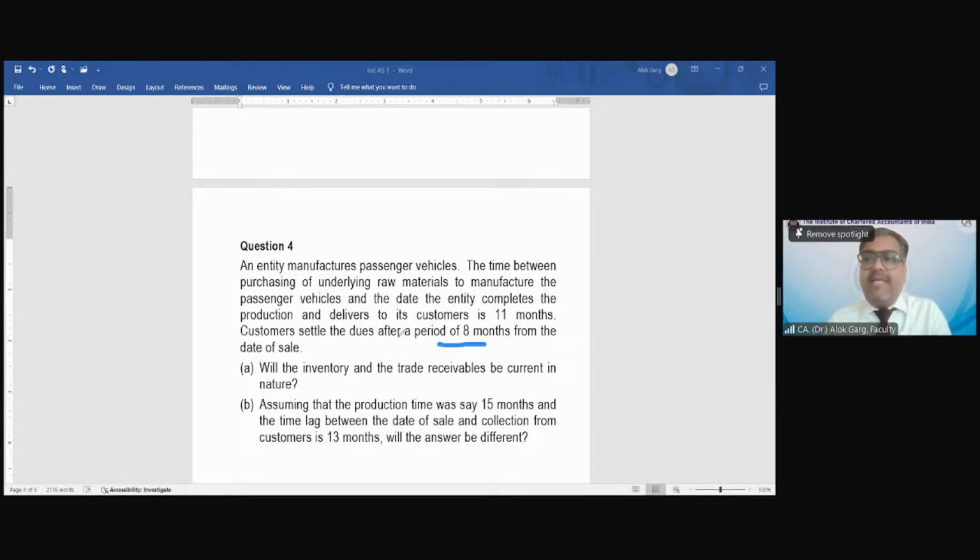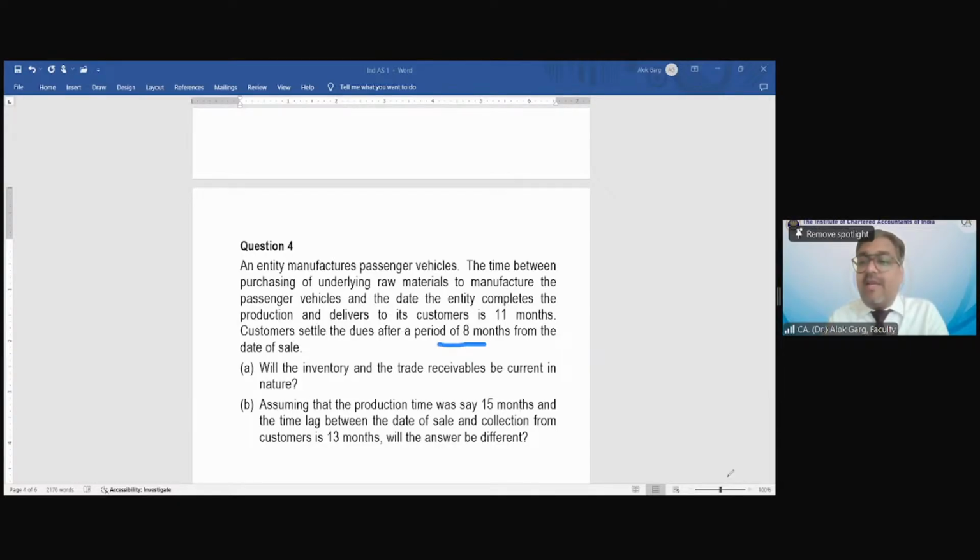So the company has spent money to procure the raw material, and then the company is doing production. Now the company is selling the goods, and then the company is getting the money from the debtors. So what is the timeline from spending the cash first to getting the cash back?